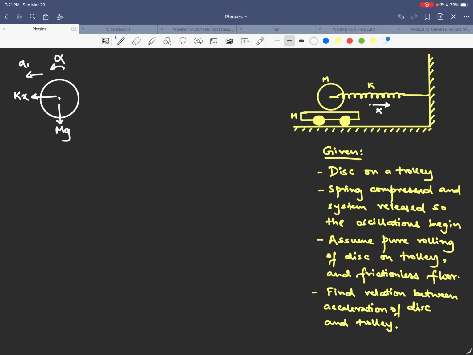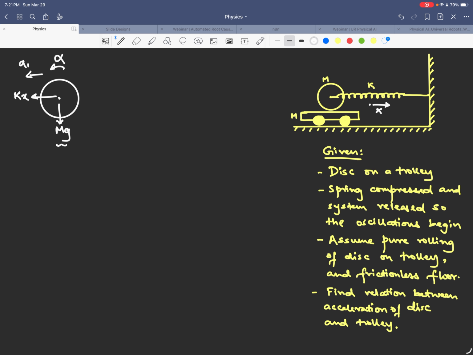And because we are assuming that the angular acceleration of the ball is in a counterclockwise direction, as you saw in the visual, the frictional force has to give that angular acceleration, because there is no other force which can give that around the center, right?